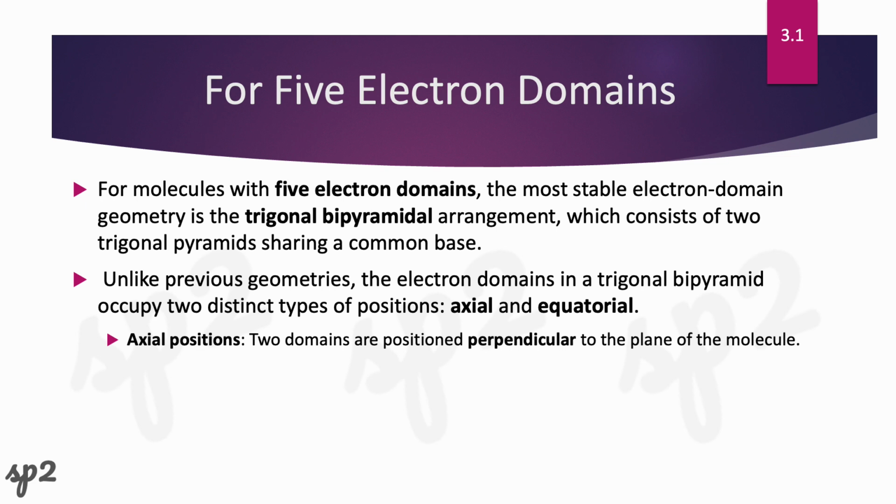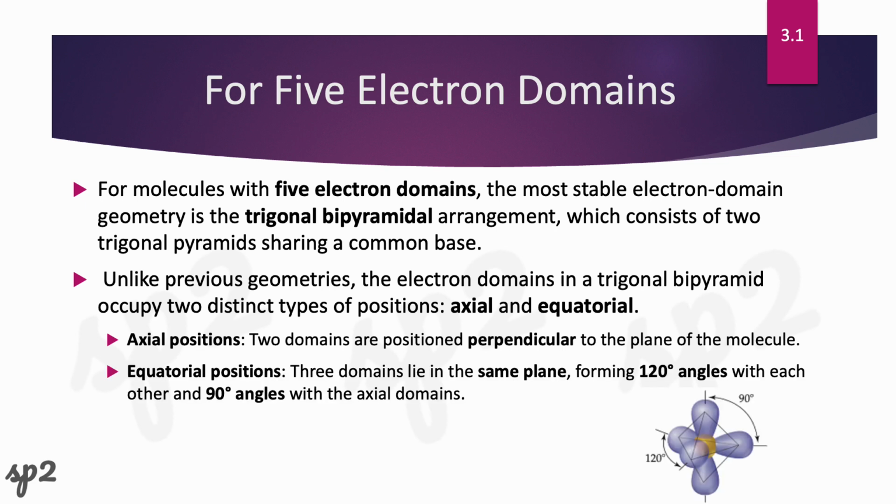Now, in your axial positions, the 2 domains are positioned perpendicular to the plane of the molecule. And for your equatorial positions, there are 3 domains that lie in the same plane, forming 120-degree angles with each other and 90-degree angles with the axial domains.